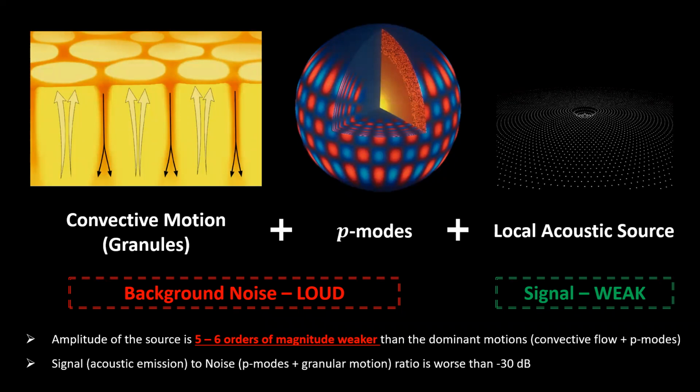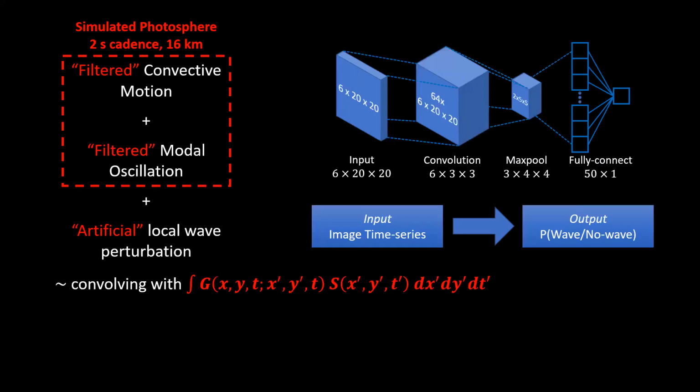So what we did is we thought we needed to work not in the frequency space, but in the temporal space. And we took help from a neural network. We developed a neural network that is capable of looking at this time series, and it was trained to look at a sample and tell if there is a wave or no wave.